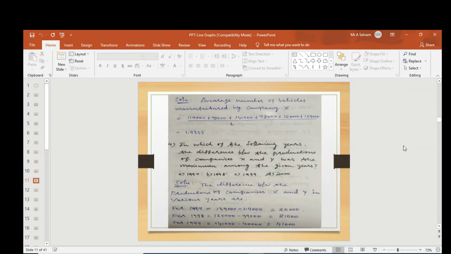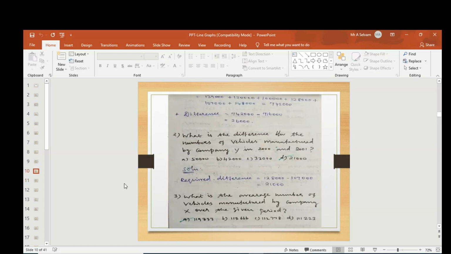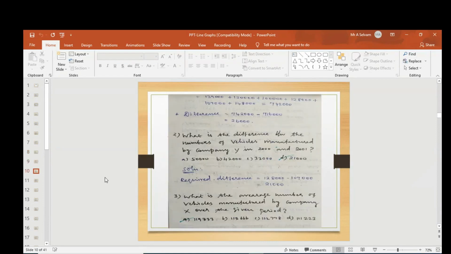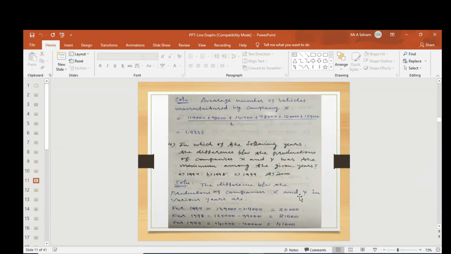Now look at the solution. The difference between the production of companies X and Y in the various years. For 1997, in X it is 1,19,000 and in Y 1,39,000, so the difference is 20,000.